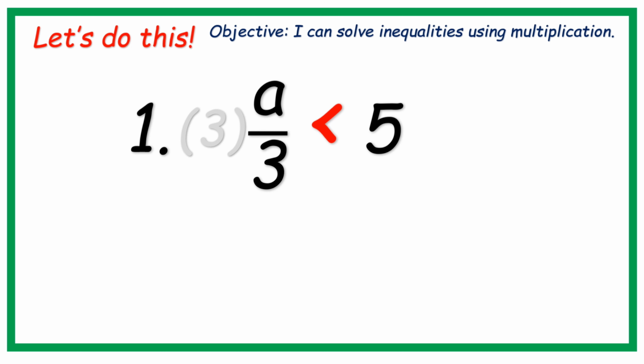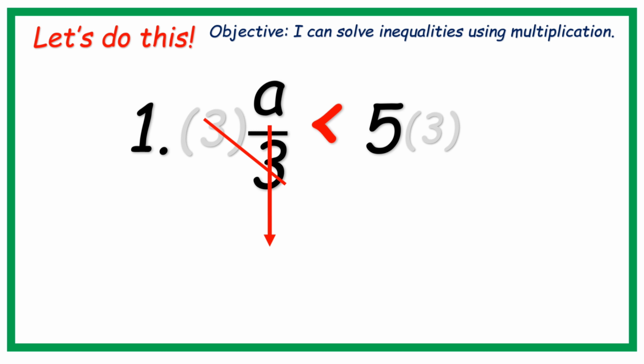Always remember, when you multiply on the left side of the inequality, do that on the right side. The inequality sign separates the left side and the right side. So, we need to multiply 5 by 3. Then, we cancel 3, leaving our variable a isolated.